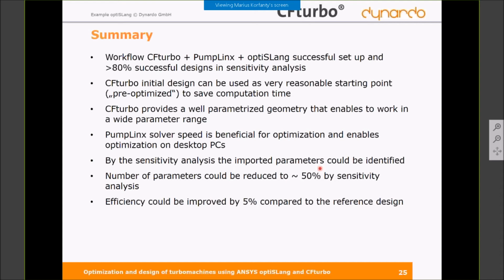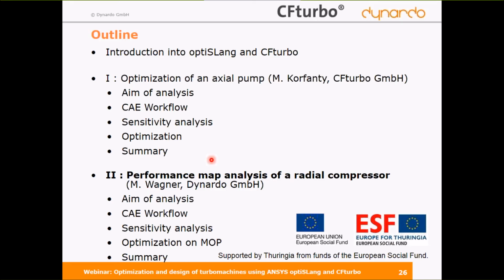Pump link solver speed is beneficial for optimization and enables optimization on desktop PCs. By the sensitivity analysis, the important parameters could be identified and reduced to about 50%, and the efficiency could be improved by 5% compared to the reference design.